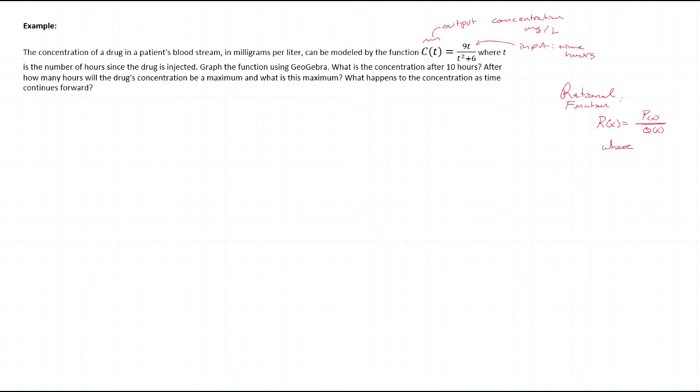So P and Q are polynomials, and for this class, P and Q will be linear or quadratic. We'll get into more details of what a polynomial is and how that applies to defining a rational function in later videos.